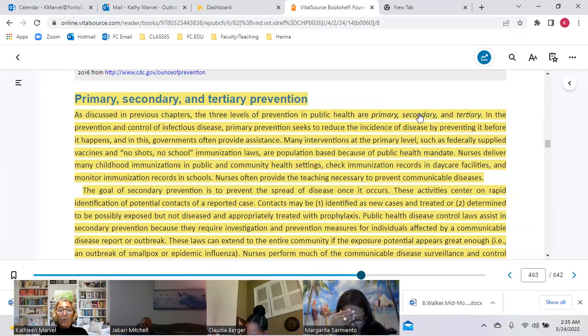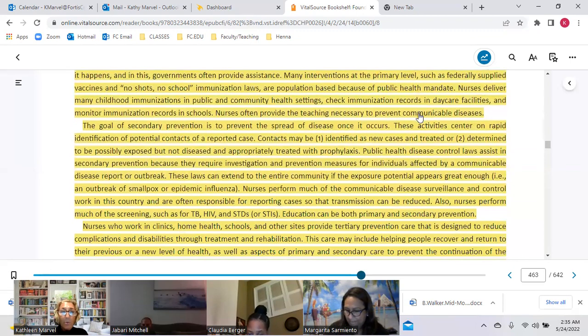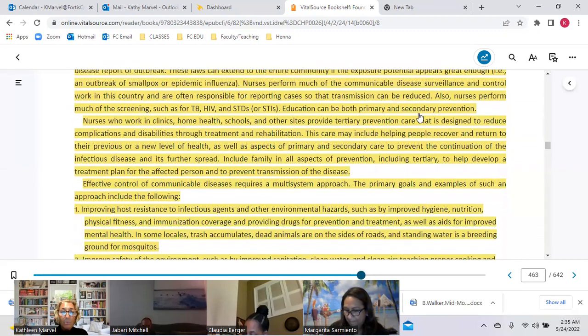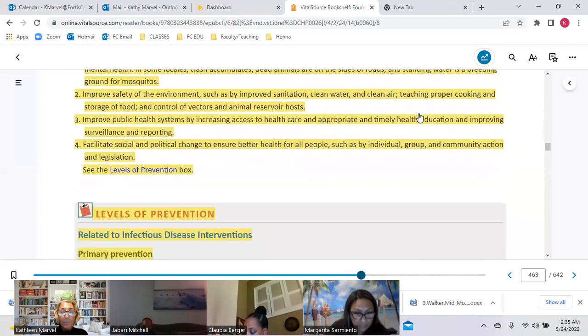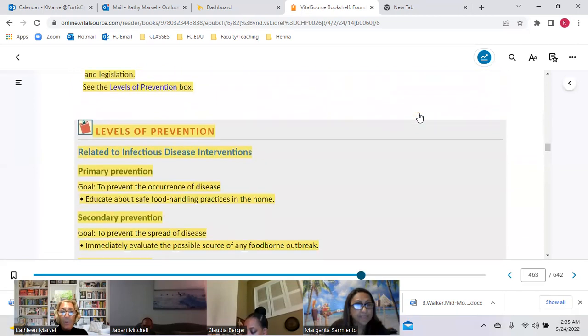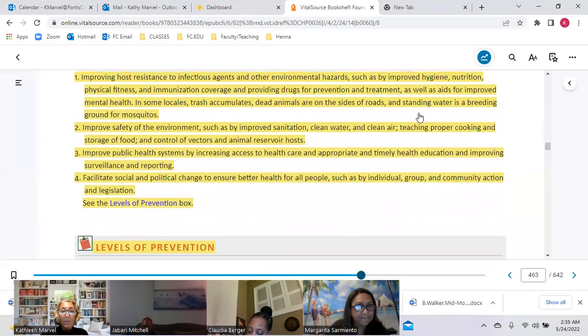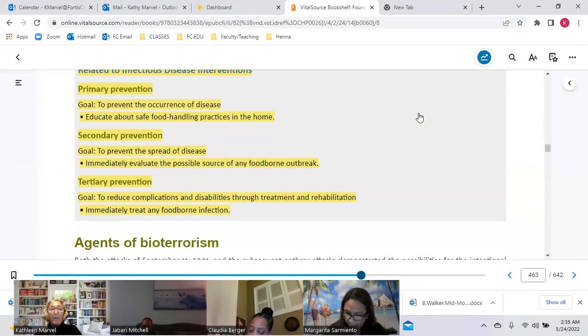Okay, so if you still don't think you have this concept of primary, secondary, and tertiary down, read through this section. Okay, please. Okay, and then read the section first and then go to the box.